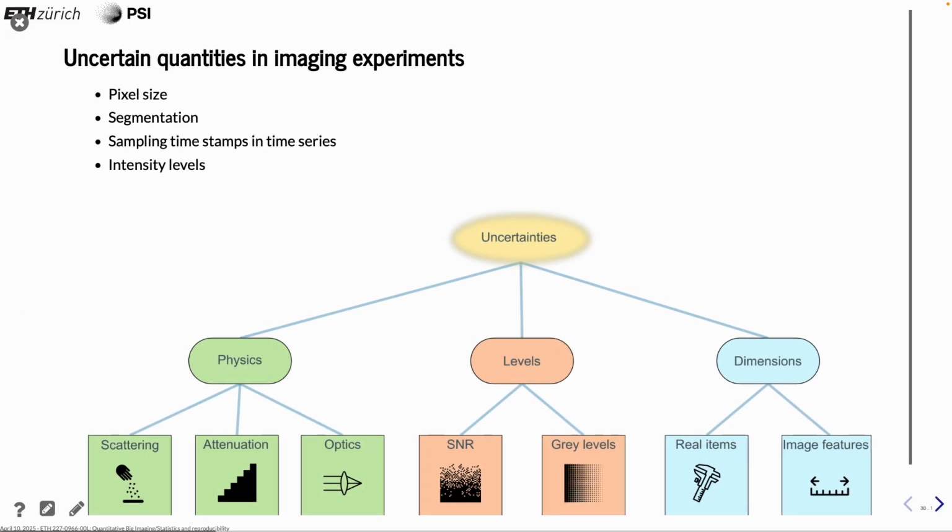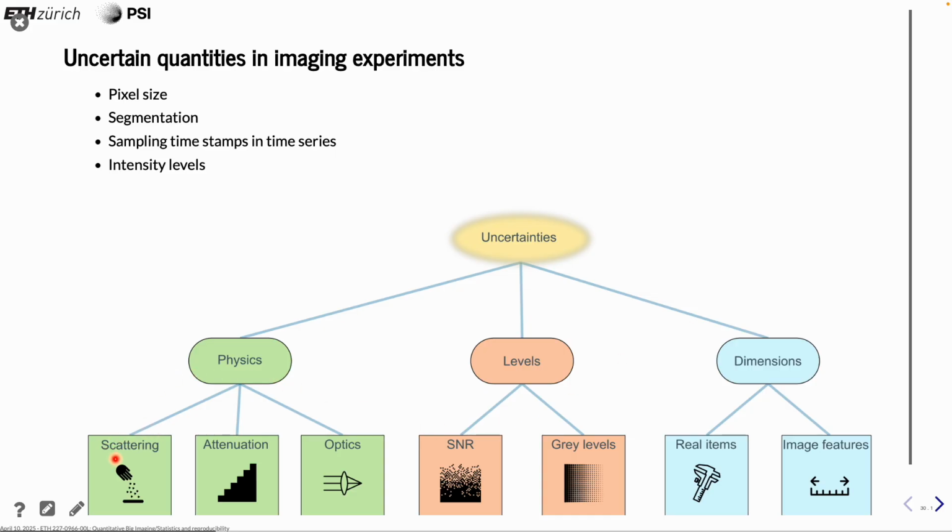Looking at an imaging experiment, we have a lot of sources of uncertainty. So we have the fuzzy overarching topic of uncertainties, and they come from different things. They come from physics, they come from the levels in the images, and they also come from physical dimensions in our samples.